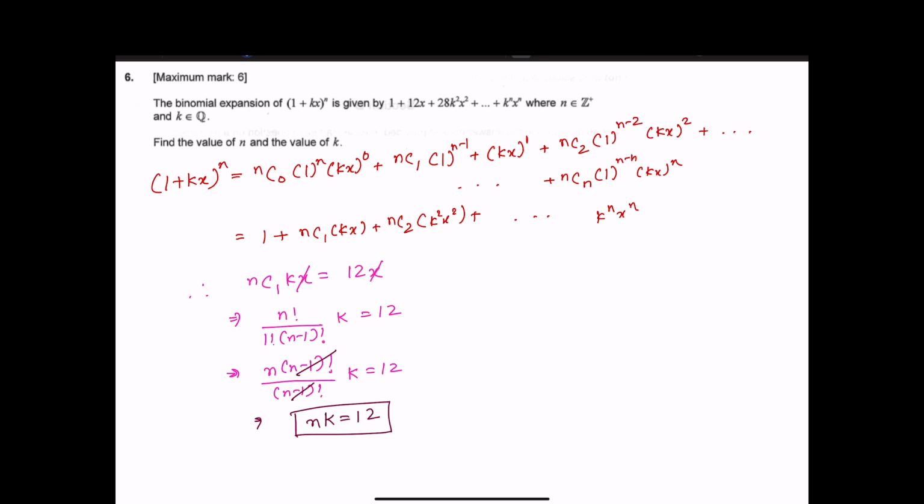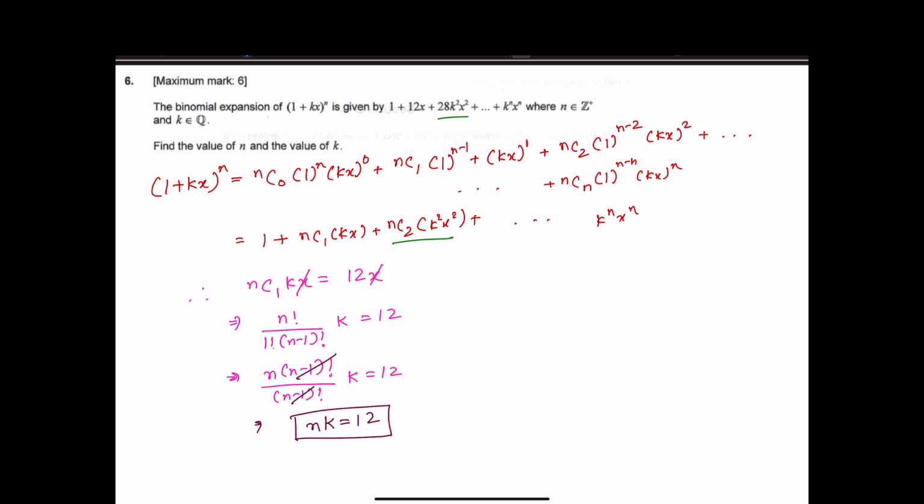Got one relation. Now the second relation I'll get by comparing the second term, this term with 28 k square x square. In the first step, I can cancel k square x square on both sides. nC2 will become n factorial over 2 factorial times (n minus 2) factorial. This will be equal to 28.